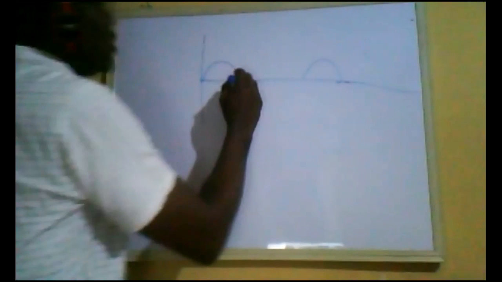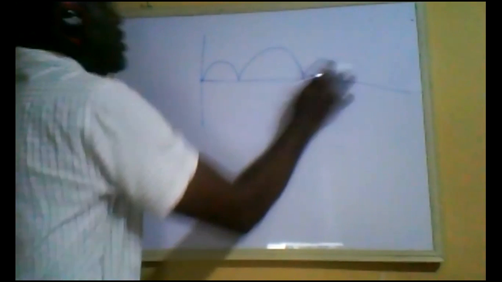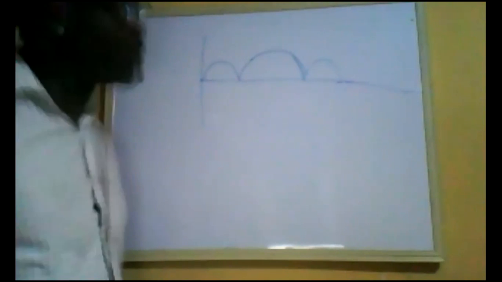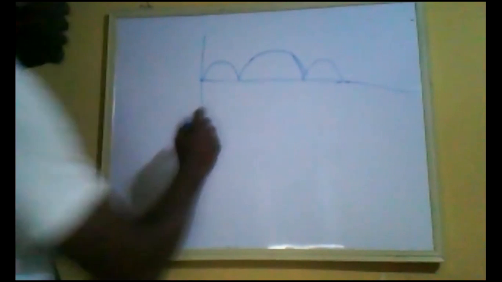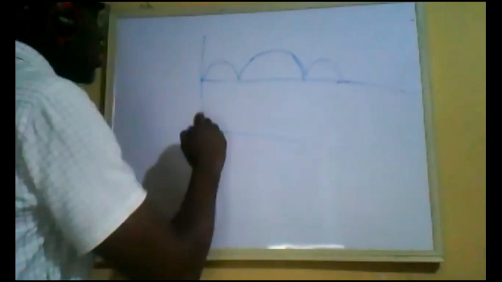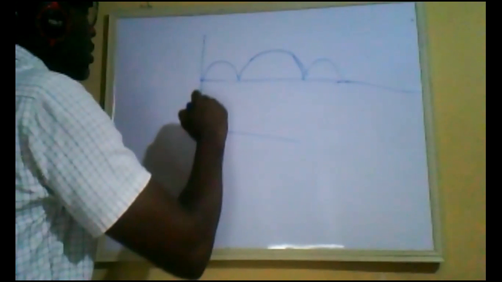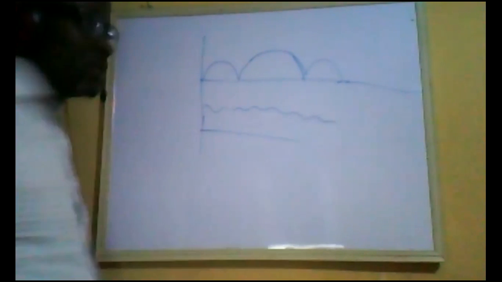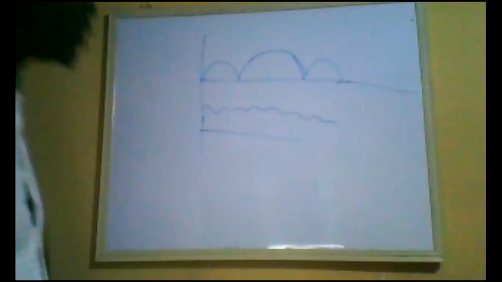But if you use a full wave rectifier circuit, you should have something like this. So this is just the ripple that we have, the fluctuations. But what we need is a voltage source that is steady like this. So that's why we have to use a rectifier circuit.